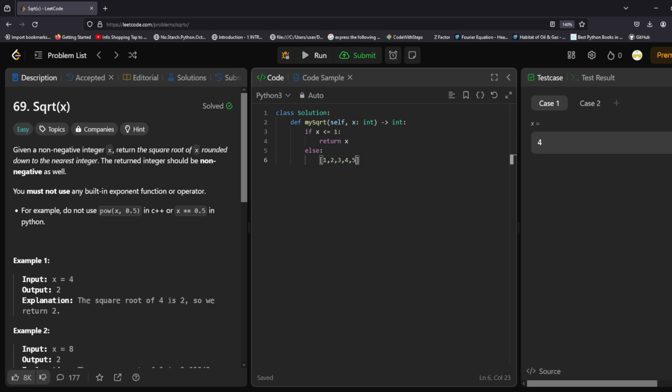The beginning will be 1, then the end will be the number we are supposed to find the square root of. So if we are supposed to find the square root of 5, the binary search method works in a way that we find the midpoint between the beginning point 1 and 5. In this case, the midpoint would be 3. When we square the 3, sorry, a square of 3 is 9.